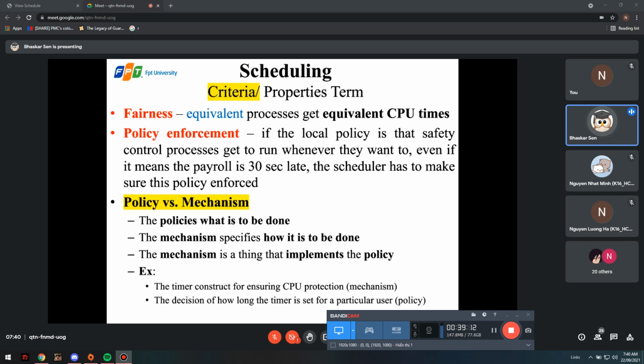Now, there's a couple of words there. As you can see in the fairness, we use the word equivalent. Equivalent processes will have equivalent CPU time. Now, equivalent doesn't exactly mean of equal size or anything like that. The equivalence of a process can only be estimated or judged or compared by the kernel.